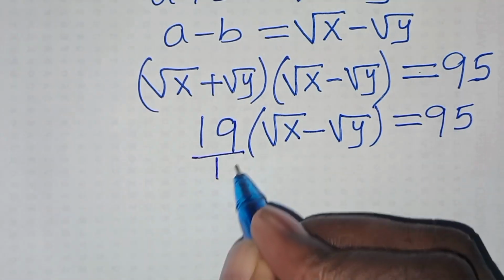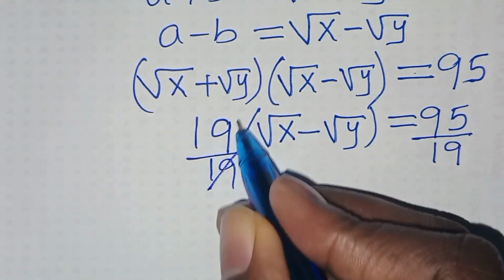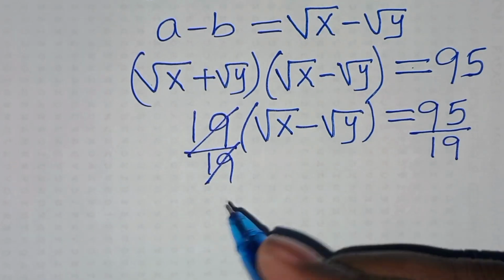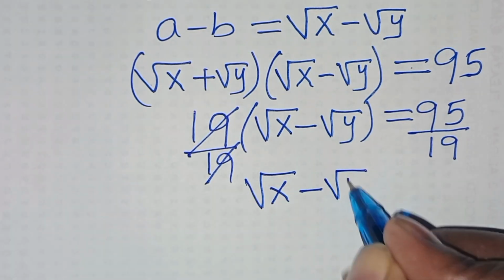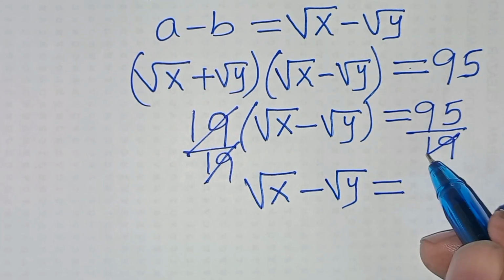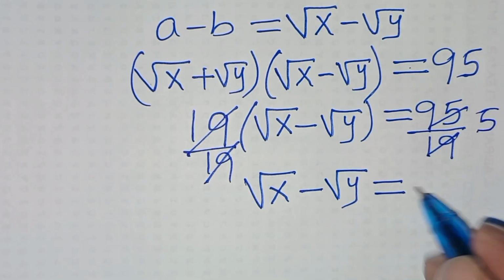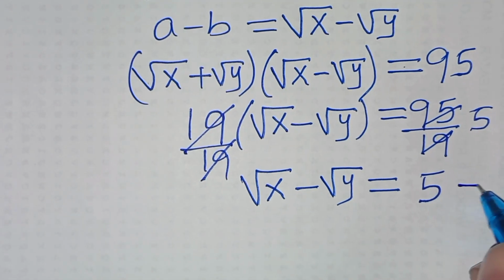Let's divide both sides by 19. Simplifying, square root of x minus square root of y is equal to 95 divided by 19, which is 5. Let's call this equation 3.